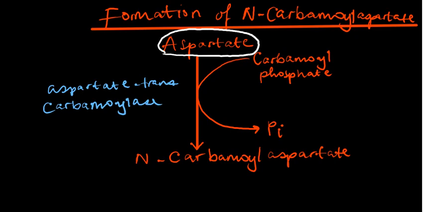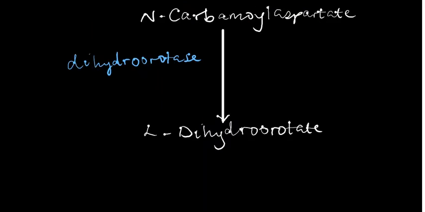Aspartate undergoes a chemical reaction where it's converted to N-carbamoyl aspartate, and in this process an inorganic phosphate is released. The enzyme that is used is called aspartate transcarbamylase. After N-carbamoyl aspartate is formed, it is converted to L-dihydroorotate, and the enzyme involved is dihydroorotase.